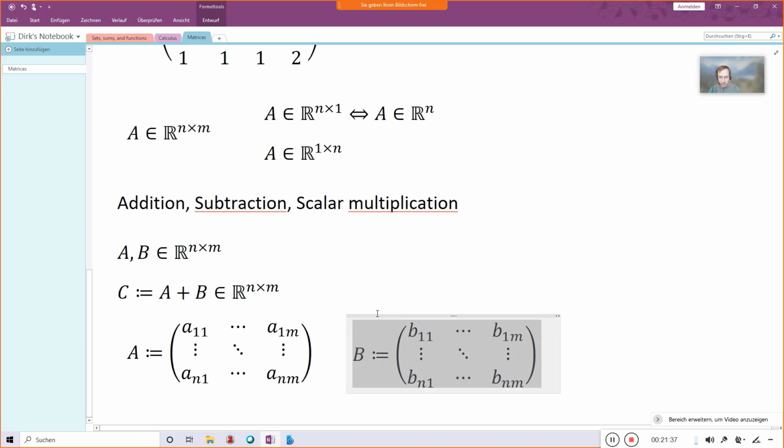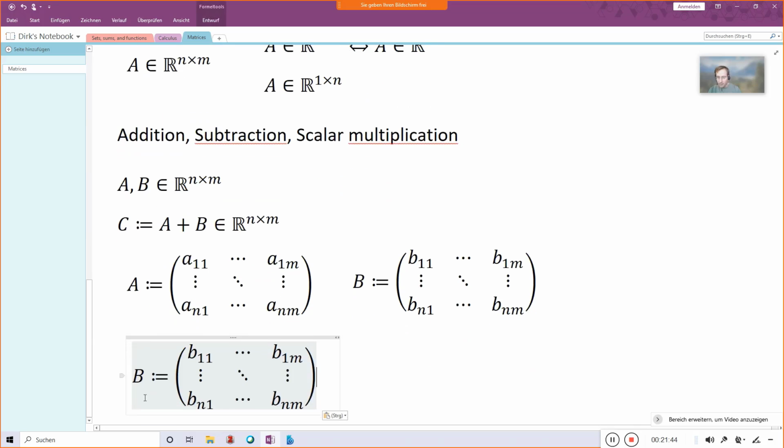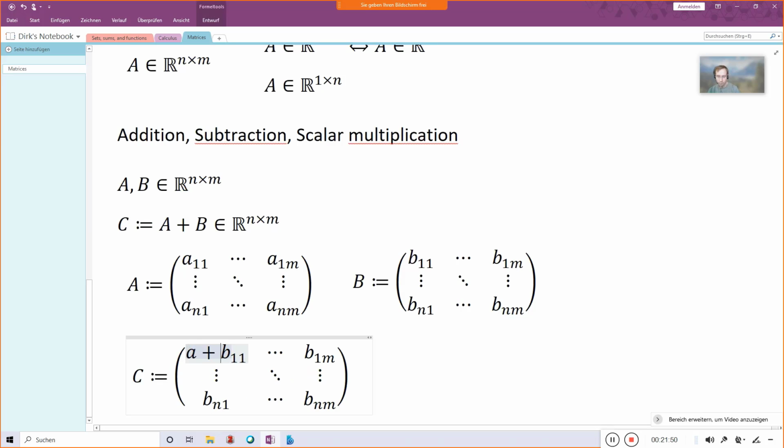Then our matrix C, which is defined here as A plus B, corresponds to this.